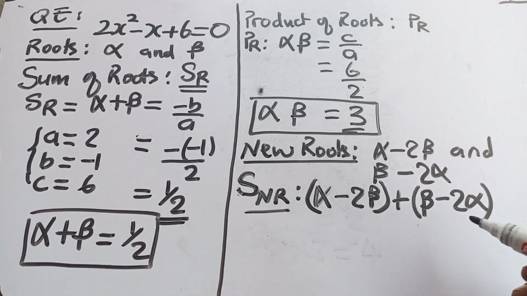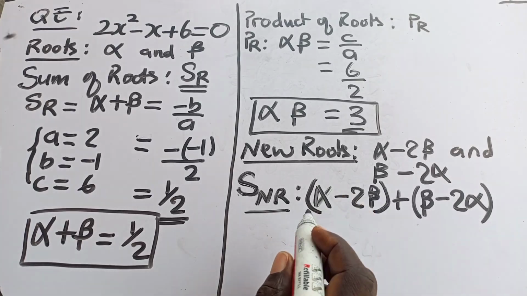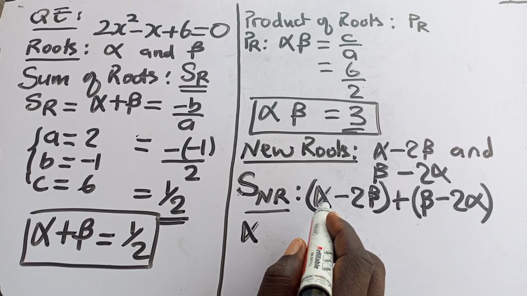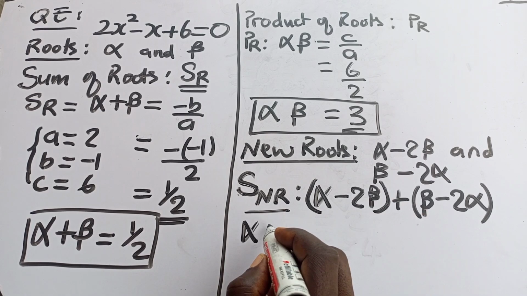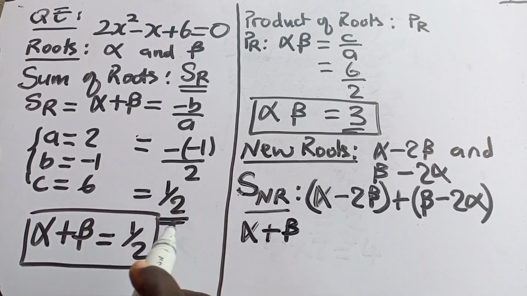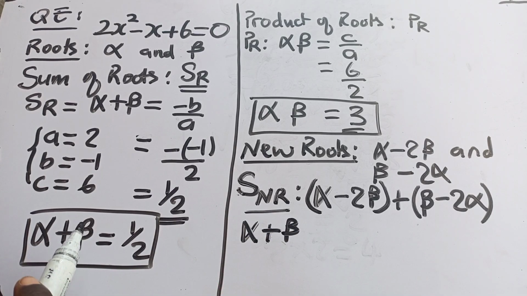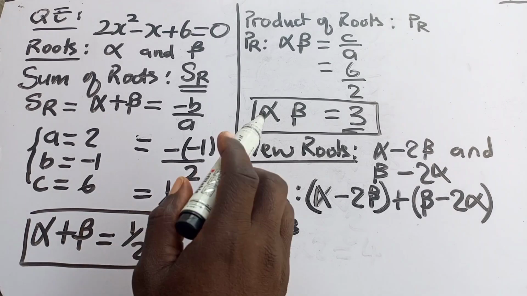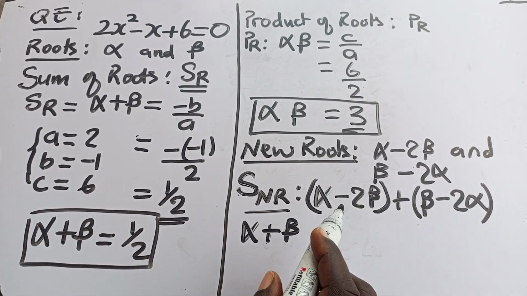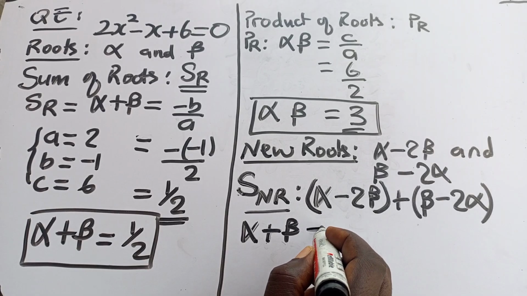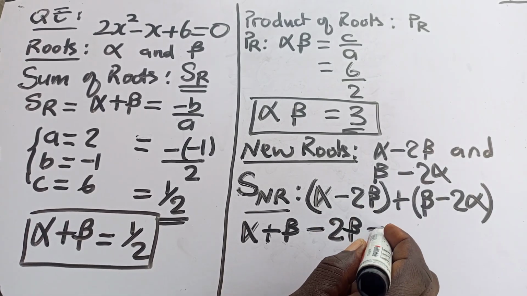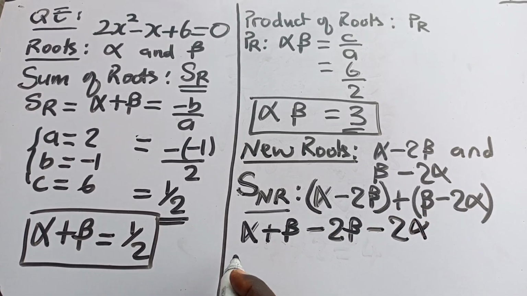So if we open out this parenthesis, we'll have alpha, this alpha here, plus beta. We want to arrange everything in terms of the information that we have. We have alpha plus beta, we have alpha beta. So we can see alpha plus beta, then we're going to have negative 2 beta, this one, minus 2 alpha.